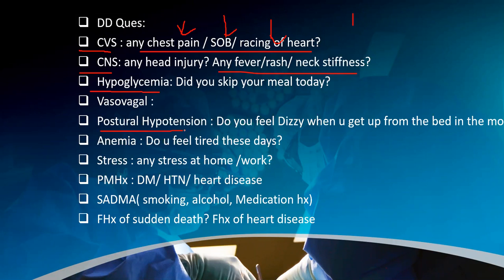Then for postural hypotension, that's a very important question to ask: do you feel dizzy or lightheaded when you get up from your bed in the morning?